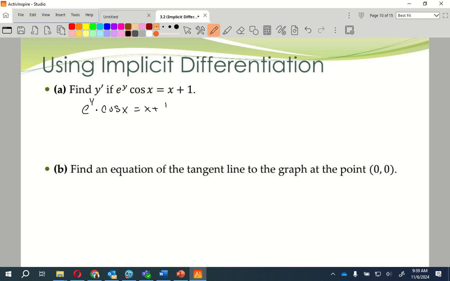What rule is that using? Yeah, it's the product rule, so I'm going to make sure I'm actually doing that.